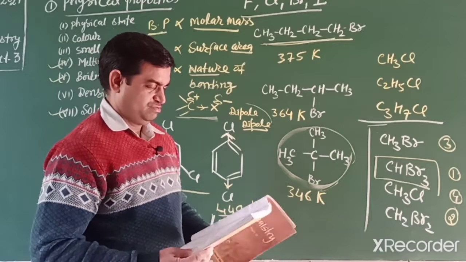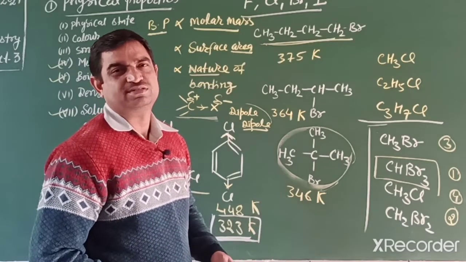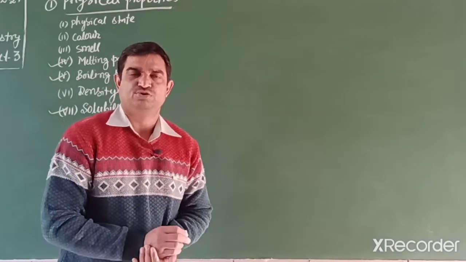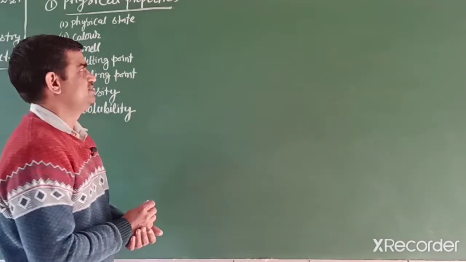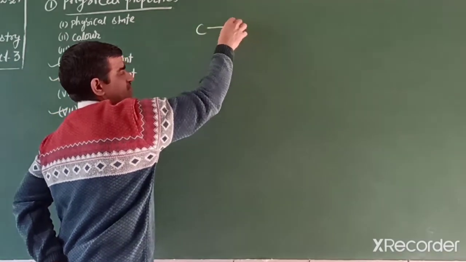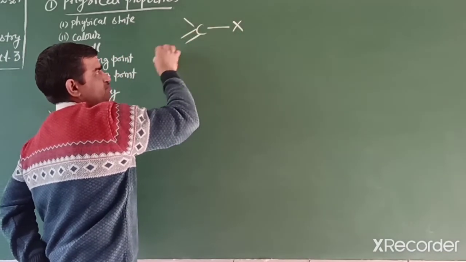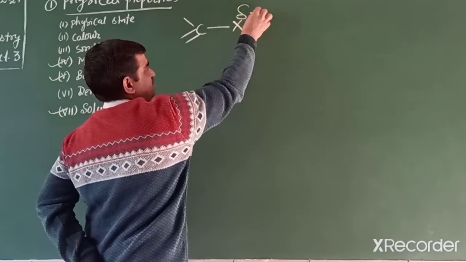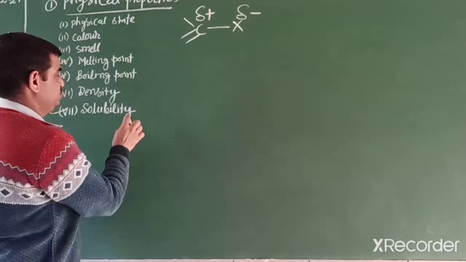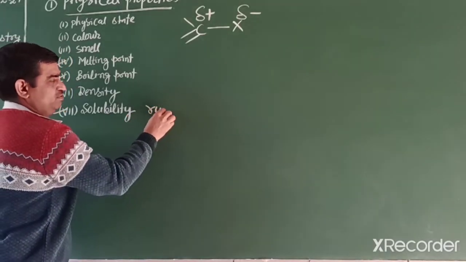Now we will discuss chemical properties. First, the solubility of alkyl halides, students. The carbon-halogen bond is polar in nature, delta negative, delta positive. We know the solubility rule. What is the solubility rule?